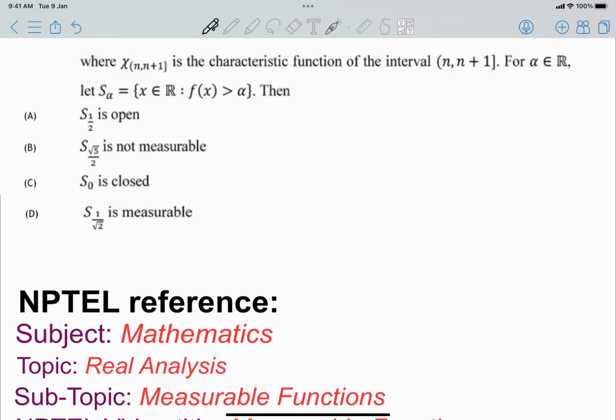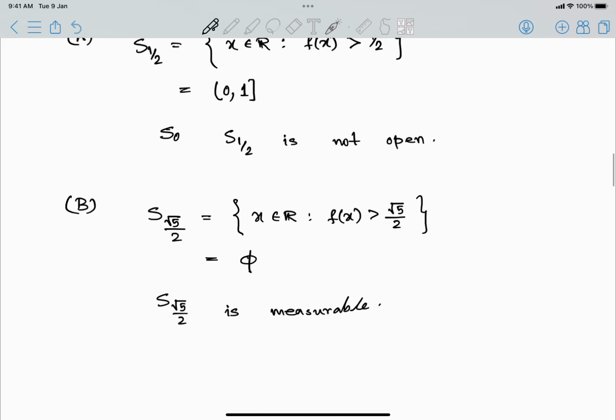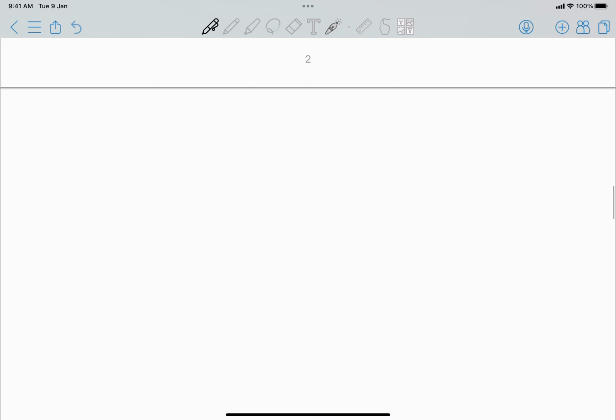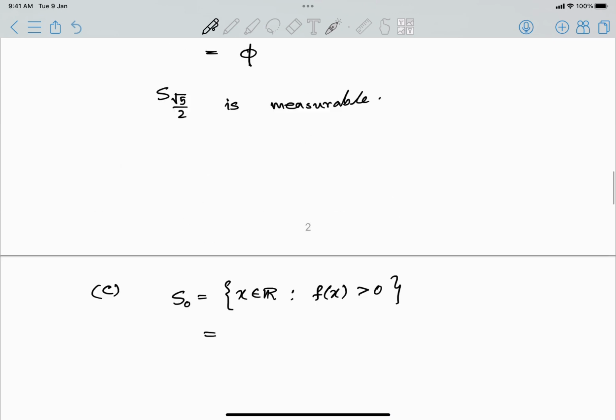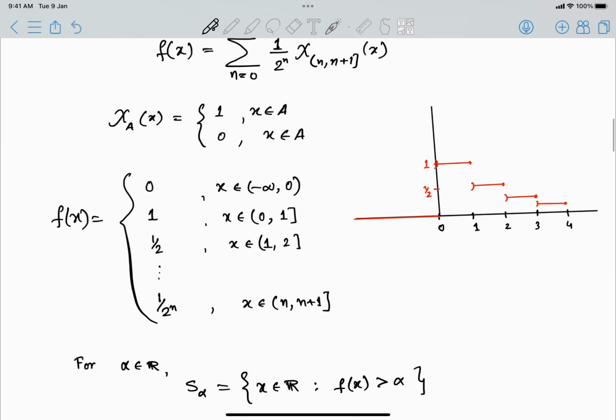And option C is saying that S0 is closed. Let's find what S0 is. S0 is all such x such that f(x) is bigger than 0. Now note, for minus infinity to open 0, the function will take the value 0, so this will not come. And for open 0 to infinity, the function will always take a value bigger than 0, right?